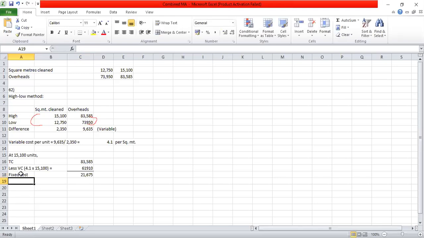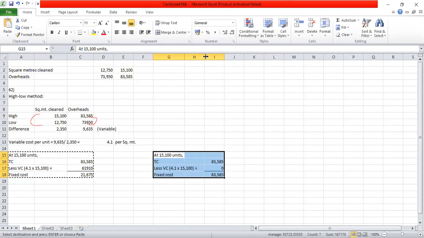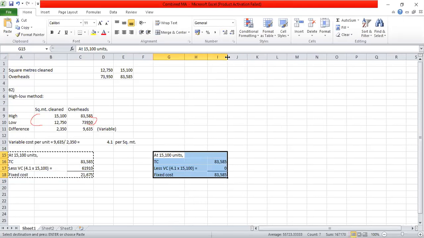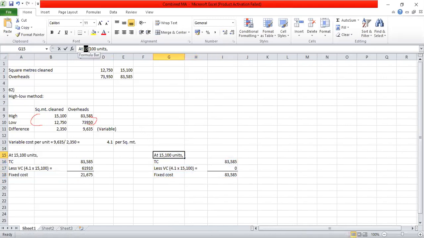You may be wondering whether we would get the same thing if we select another activity level, that is 12,750. Would we get the same value? Let's verify. In the examination, you don't have to test it with two different activity levels; one is sufficient. But just to test that, I'm showing you how to work it out with 12,750.